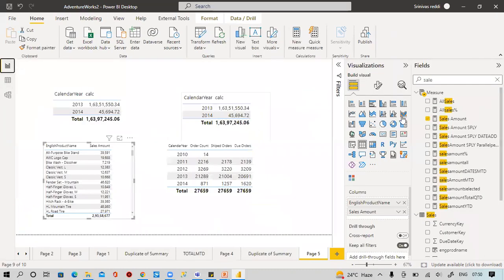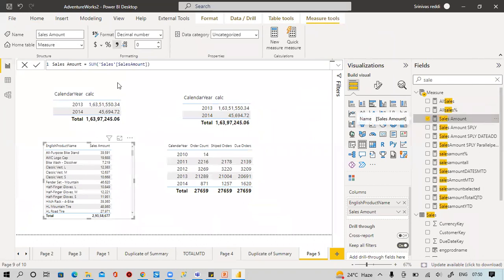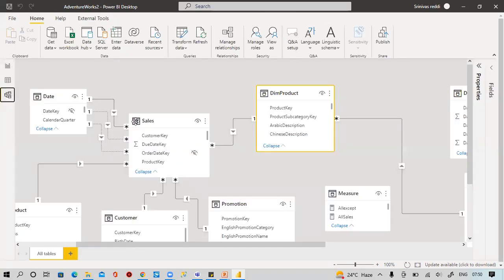And relate your DAX, the SUMX, and I will tell you CALCULATE, to your knowledge of Excel functions. This DAX is a similar kind of thing to Excel functions, and this one is a similar kind of thing to joins.